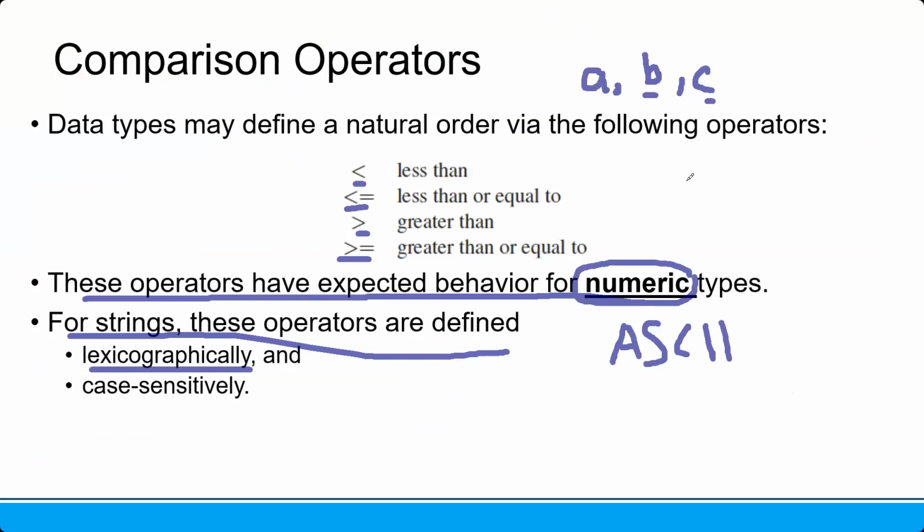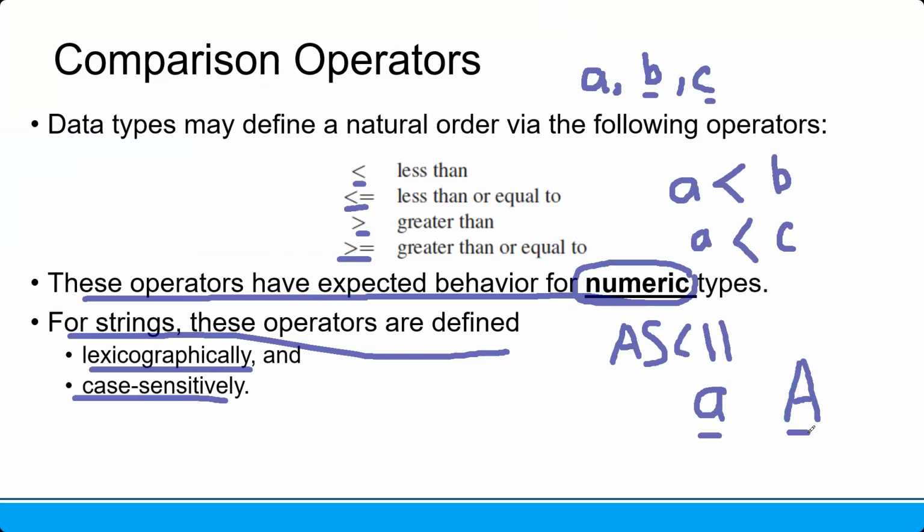So if I want to check whether A is less than B, then it's true, because A starts first and then B. If I want to check A less than C, yes, it is true. Case sensitivity: case sensitive means small a is different from big A. So it depends on the ASCII number.